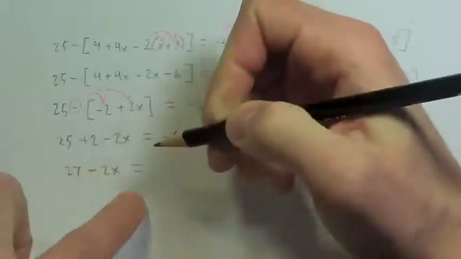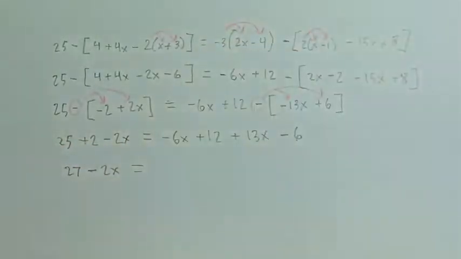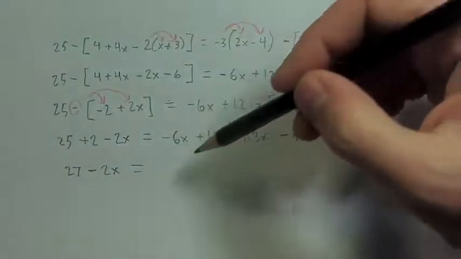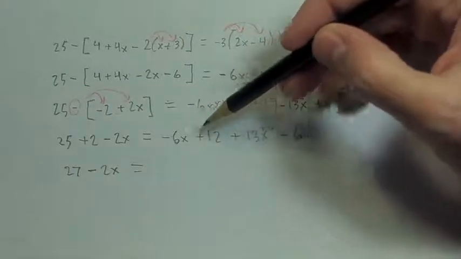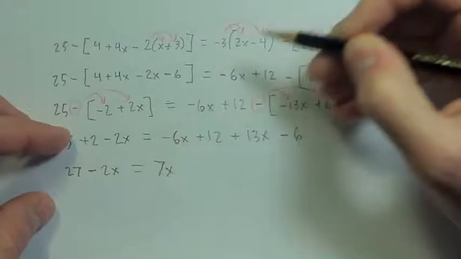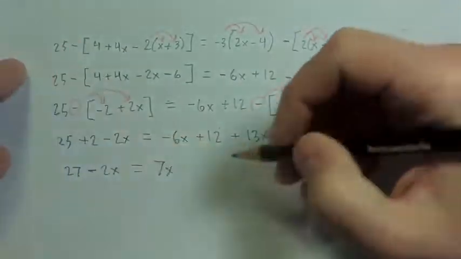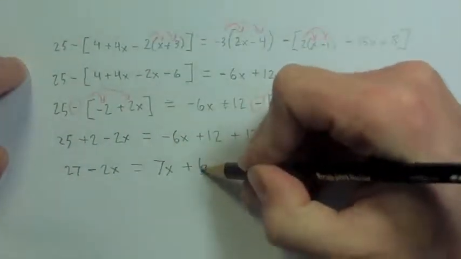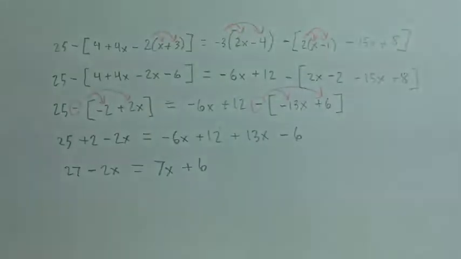So there's this side with all of its terms combined. And then here, this minus 6x plus 13x will give me a 7x, and this 12 minus 6 will give me a 6. Now we're dealing with a much nicer equation.